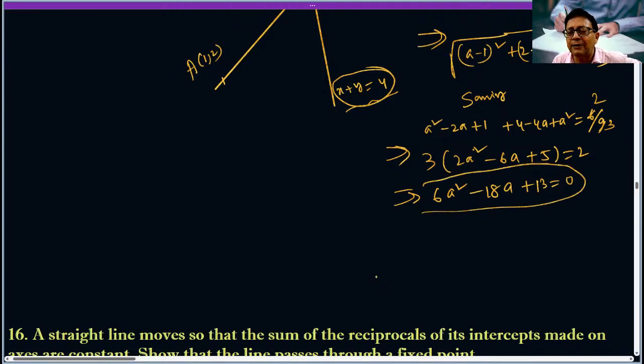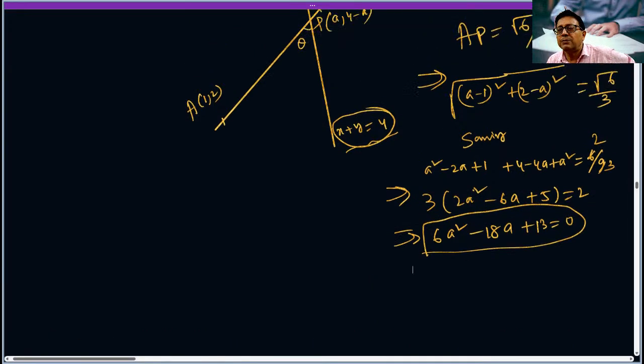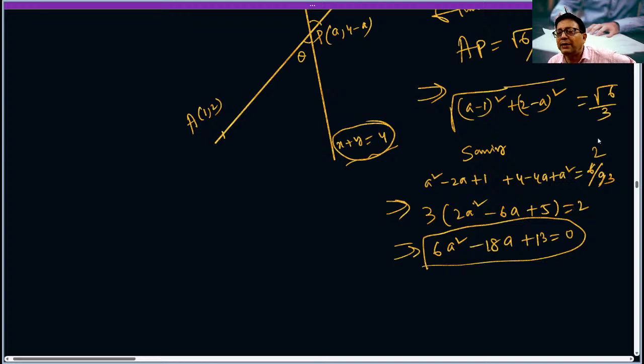Please check. Yes, cross multiply. This is coming 9. 6 by 9 is 2 by 3. So 2a square minus 6a plus 5 equal to 2 by 3. 6a square, 18a, 15, 15 minus.